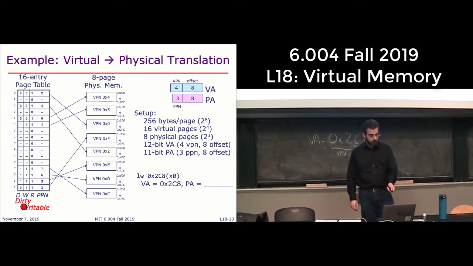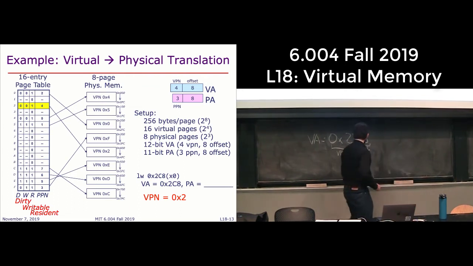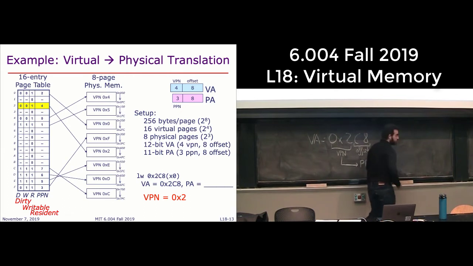Then the W, or writable bit, tells us whether we can issue stores to this page. And then finally the R, or resident bit. Here, if we look into entry 2, we see that the resident bit is 1, and so that means that this page is resident. And we get from the page table that the physical page number is 4, right?